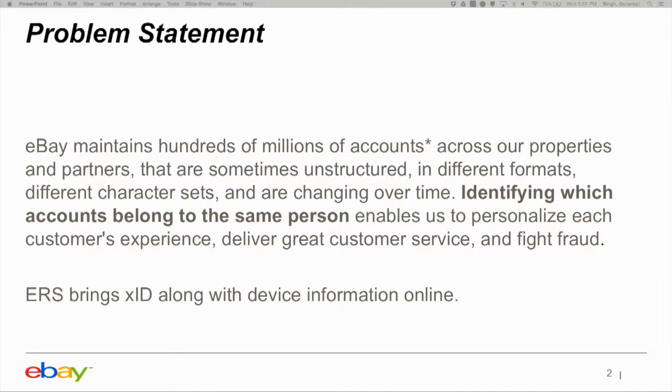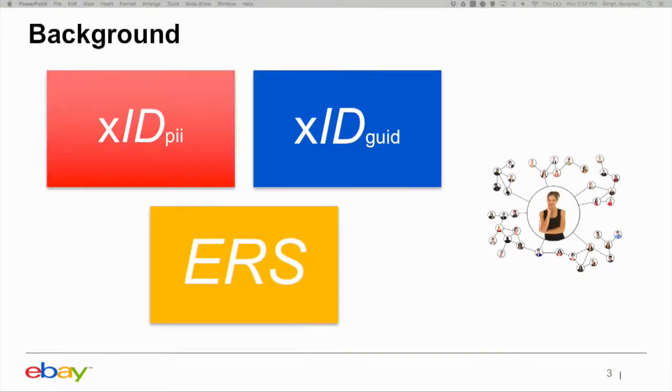So first, we developed the batch components. This was a 3 years long journey. Very first thing, we developed XID, that is the customer identifier, on the PII side. So that is your touch points, name, phone number, all those kinds of information.